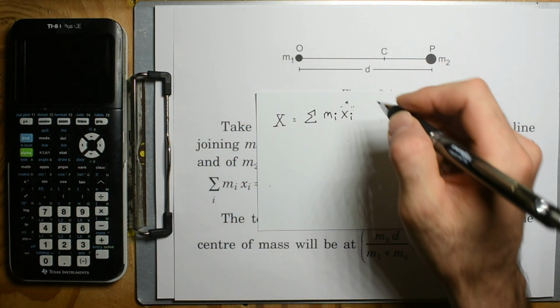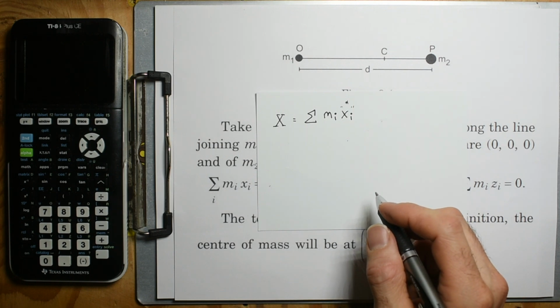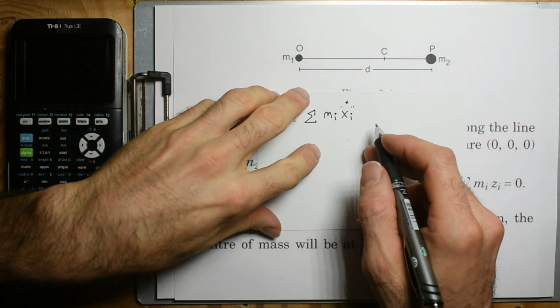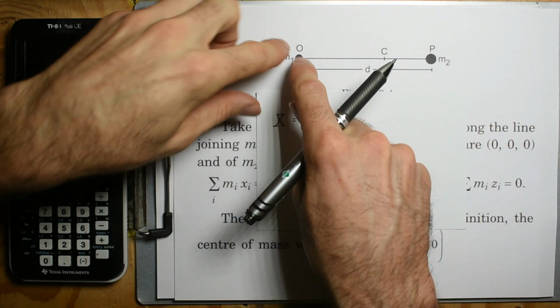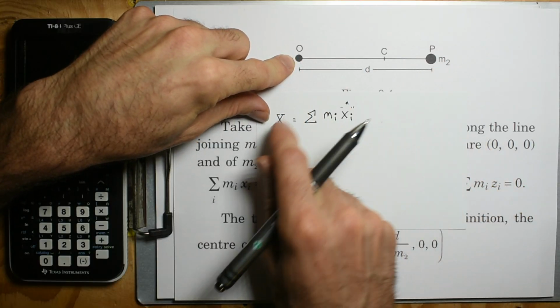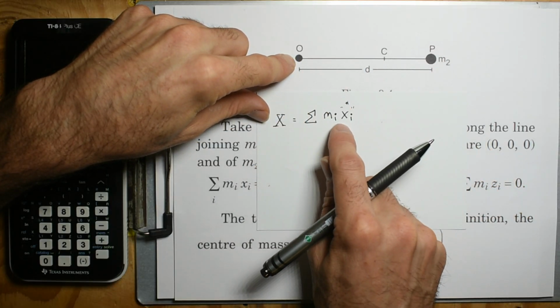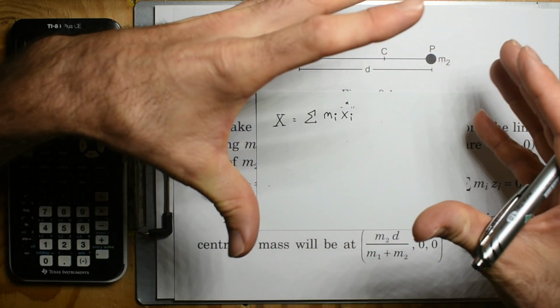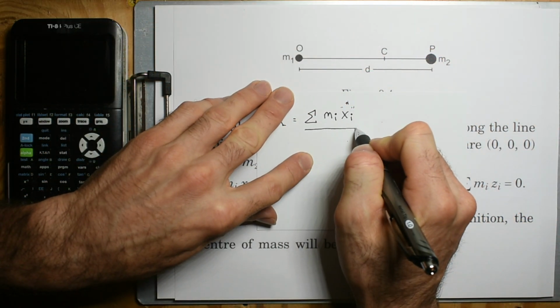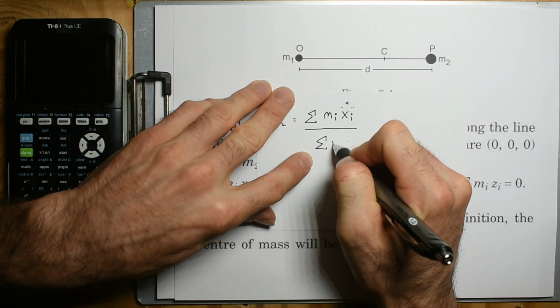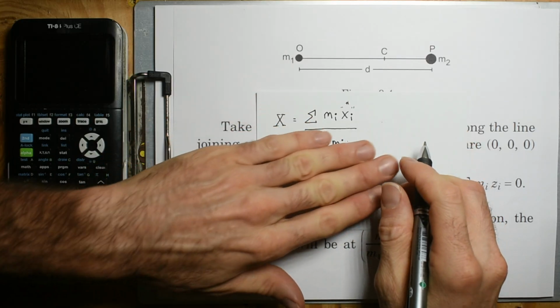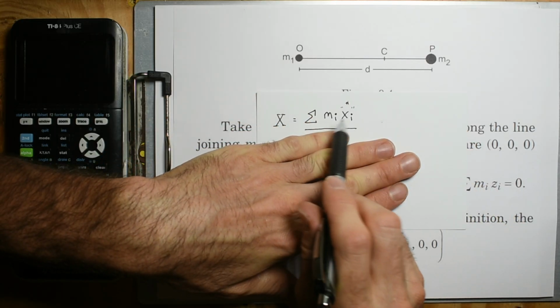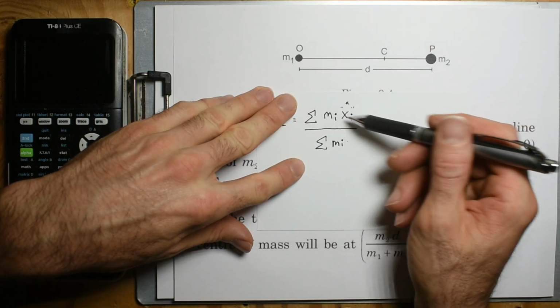You have some sort of mass, and then we multiply it by a distance, and that effectively gives that value more significance. But then we're going to divide it by the summation of the masses. And so the whole thing is a weighted average.